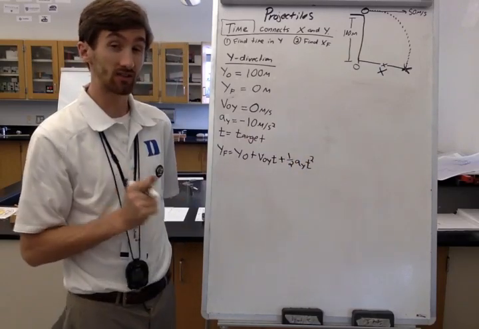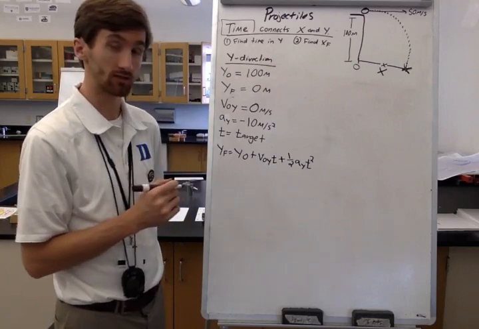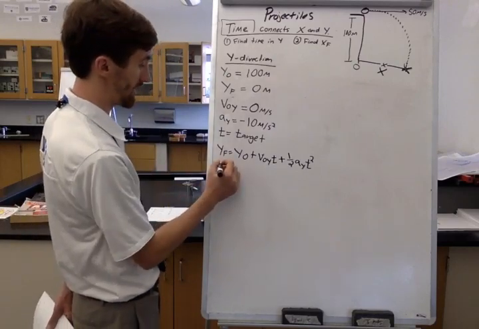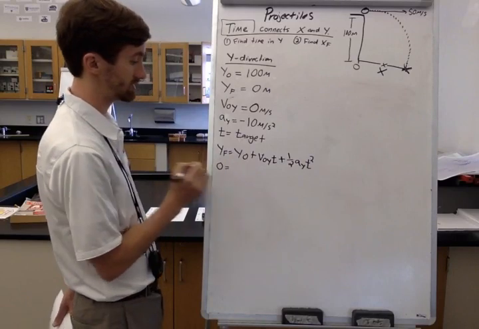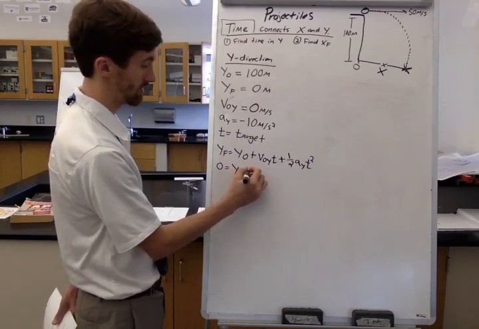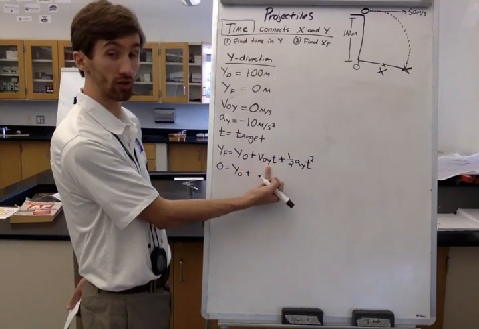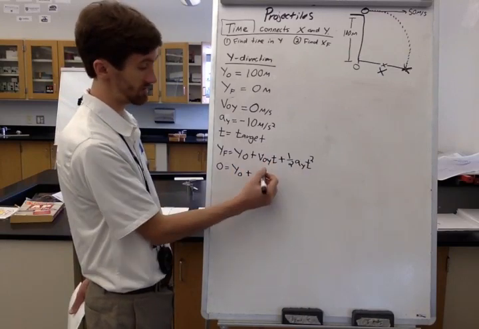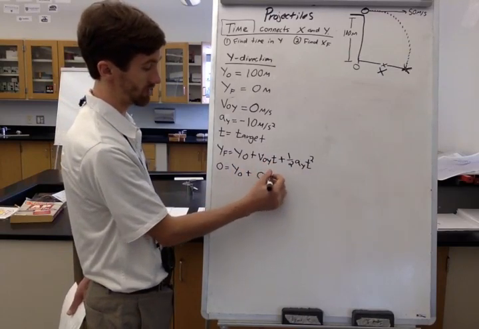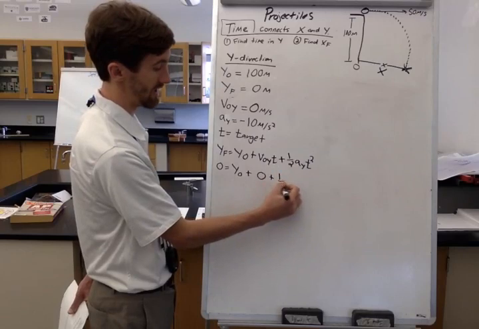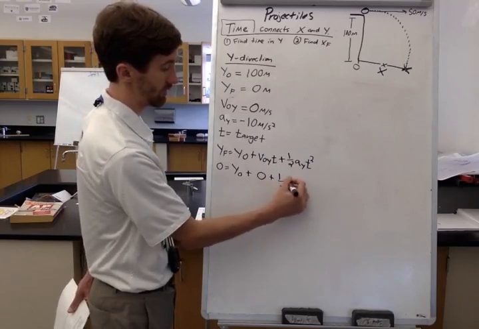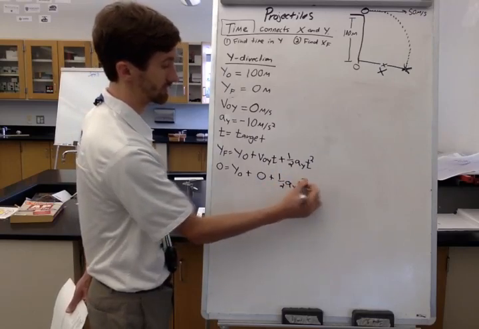And I'm going to take the things that I know are 0 and plug them in so I can cancel them out. So I know that my final position is 0. I know that my velocity to start in the y direction is 0. So I have 1/2 a y t squared.